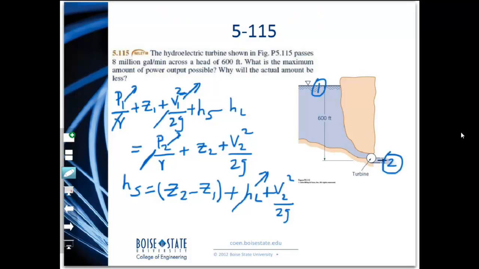You can compute V2, or since we want maximum power, another way to look at it is, if you don't want losses, there should be negligible velocity at 2, or there should not be any kinetic energy associated with the flow. One way to think about it is, if you have a large enough pipe or large enough outlet, then you won't have huge losses. So essentially we are almost neglecting this as well.